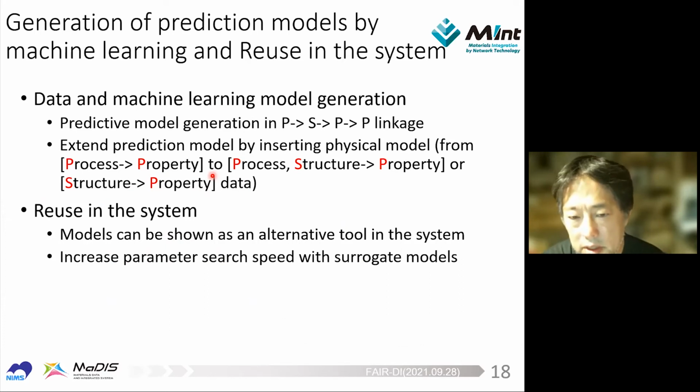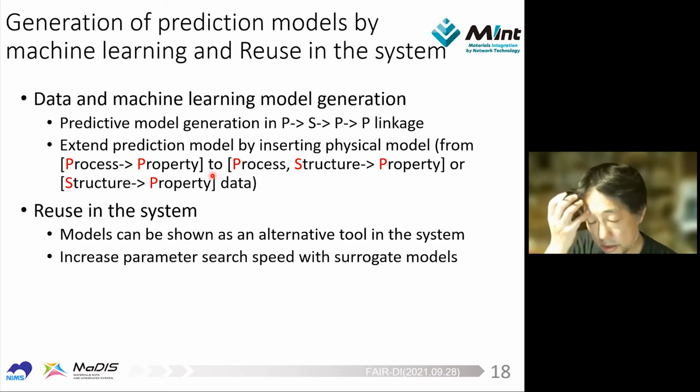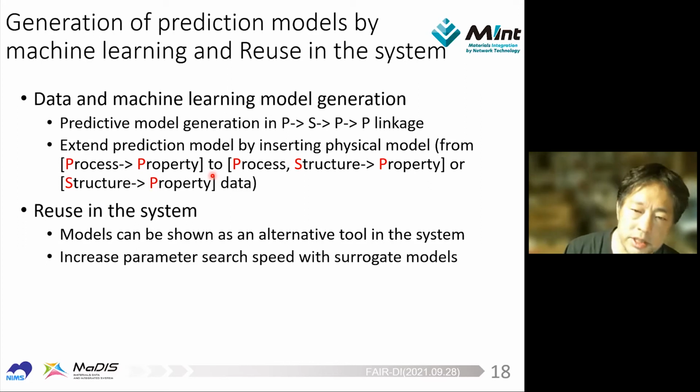And sometimes we cannot get the structure information, for example, a micrograph picture or some dynamical information. In order to understand the relation of PSPP, we need structured data. But existing data does not have such data.